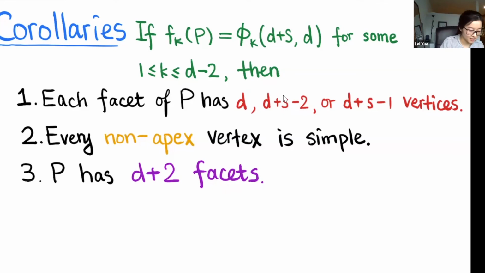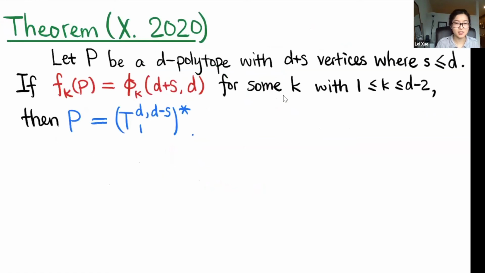Okay, so here's the theorem for the equality case. If we want this equality between Fk and Vk to hold for some k between 1 and d-2, then the winner we had before is the unique winner. There's no other polytope with this equality holding.